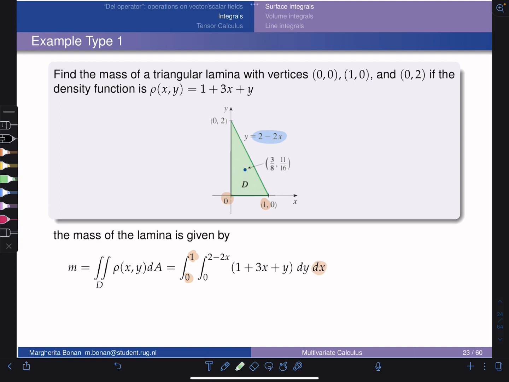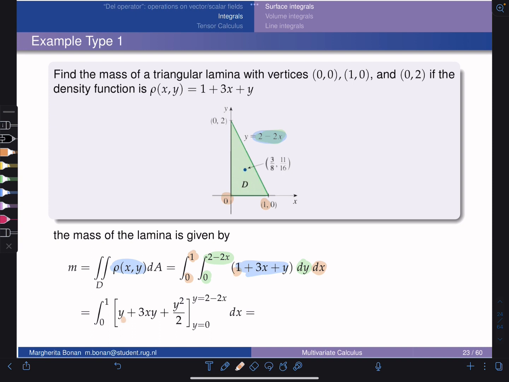Then the integral from 0 to 2 minus 2x, which is the bound that we saw for y. And then as integrand we have the density function. This is then equal to the integral from 0 to 1, and then we evaluate the inner integral for dy.